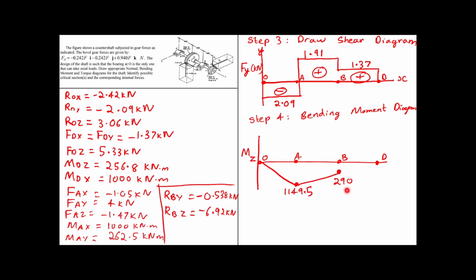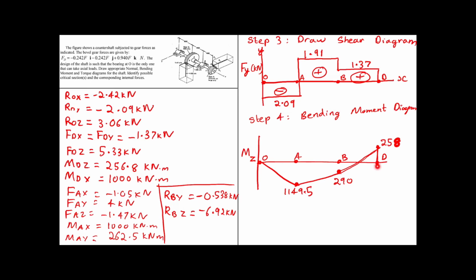And now what do we have? We have 1.37 times 400. So that has to go to the positive axis. So the value is greater than 290, and it is about here. So minus 290 plus the value that you obtain by multiplying 1.37 times 400 would come out to be around 258, which is going to bring the force down.